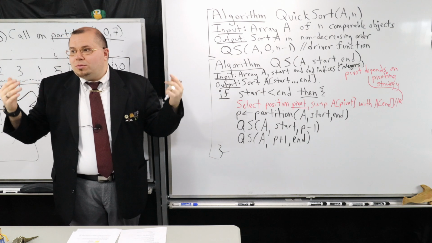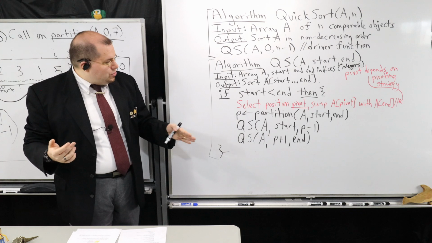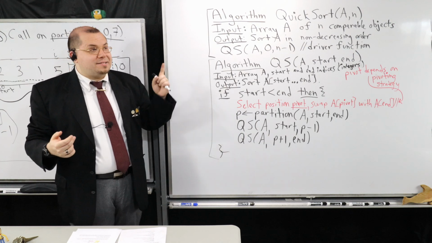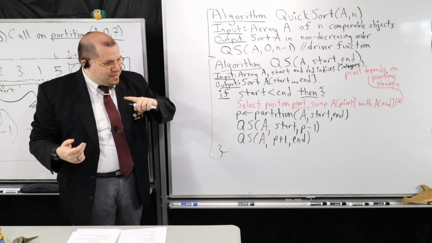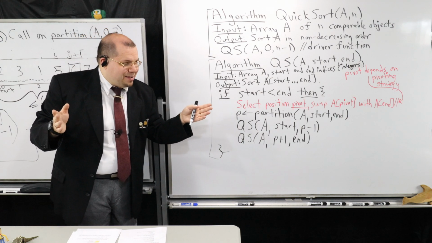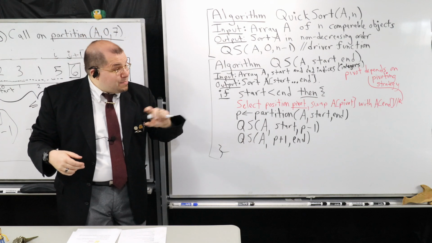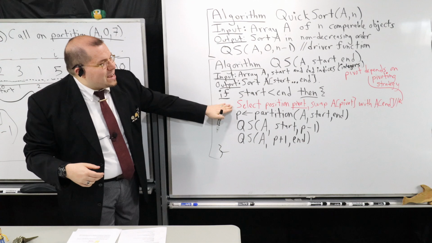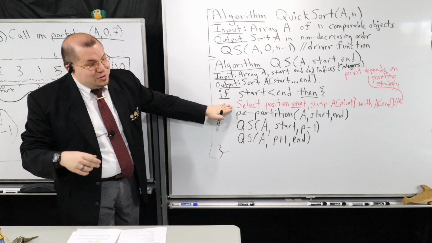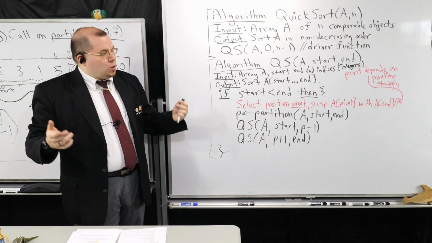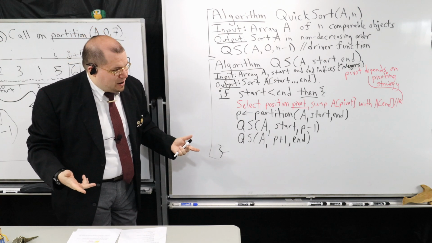So if you plan to only use the last position always, you don't need to perform this step in red. However, if you want to pick, say, the first position always as the pivot, or the middle position as the pivot, or the median as the pivot, or you want to pick a randomized pivot, this step is what I'm talking about here. You just do this every single time, and remember that quicksort works regardless of how you pick this pivot.